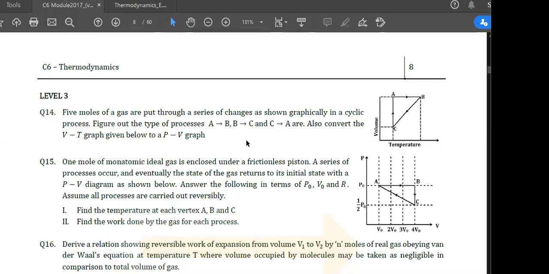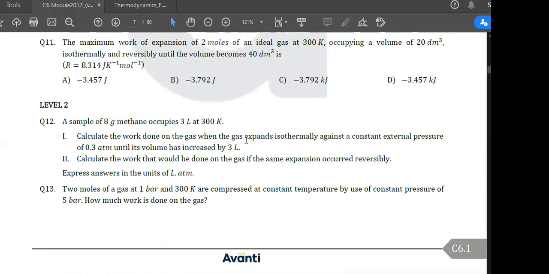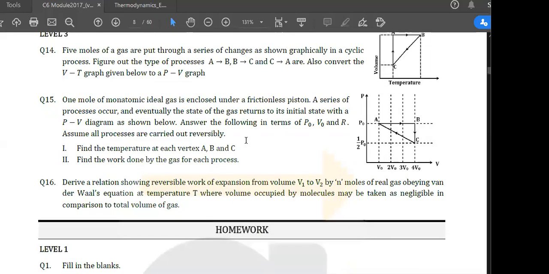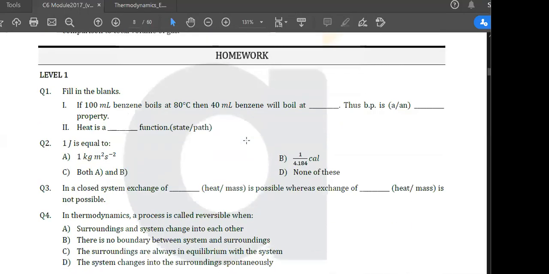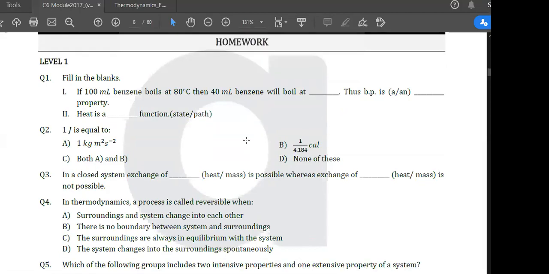So let's see how many of you tried solving the homework of 6.1. First of all, we will discuss 6.1, then we will discuss 6.2. So for 6.1, does anyone have any doubt from 1 to 5?